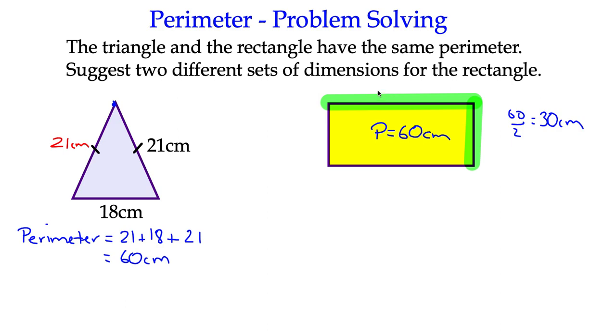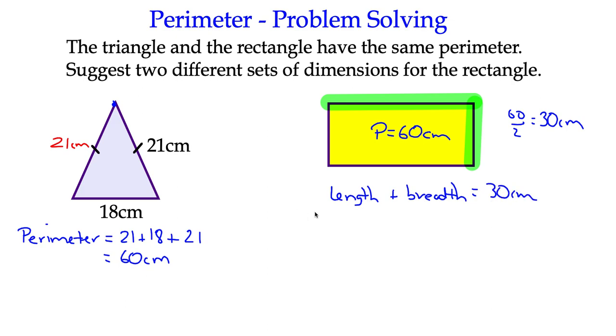So as long as one length and one breadth add up to 30, then that could be one of the dimensions of the rectangle. So we could say that length plus breadth equals 30 centimeters.